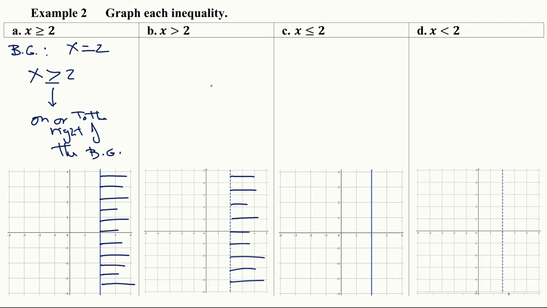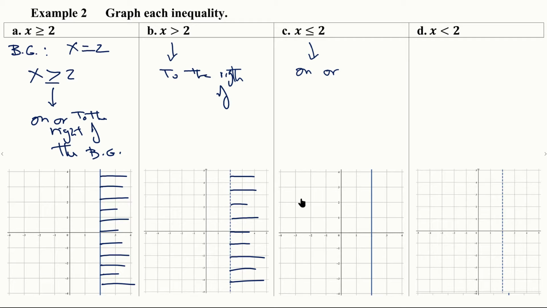For the next one, less than or equal to 2, right? So we know the boundary graph is x equals 2 as depicted here. So this means you're going to want, so remember the last one was you're going to want the points only to the right of. For this one, x less than or equal to 2, you're going to want all the points on or to the left of, because that's where the x values are.